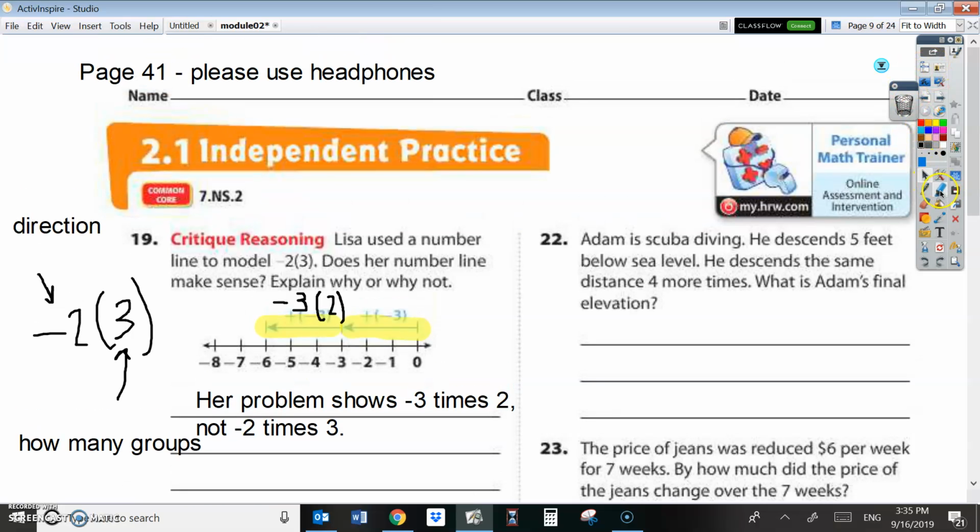Adam's scuba diving. He descends 5 feet, then he descends the same distance 4 more times. So here he goes down once. This is the first time he goes down, and then he goes down 4 more times. So connect those two. So he goes down 5 times.